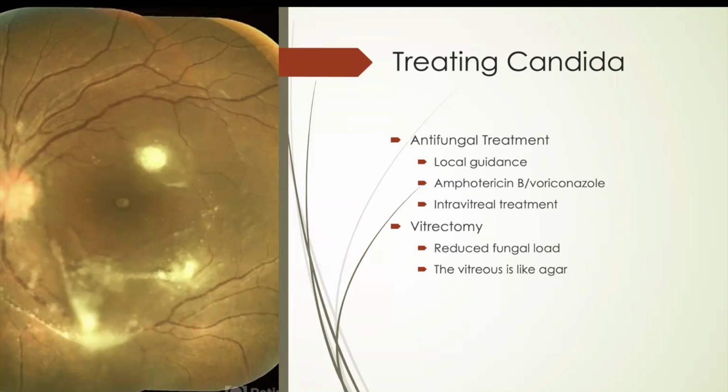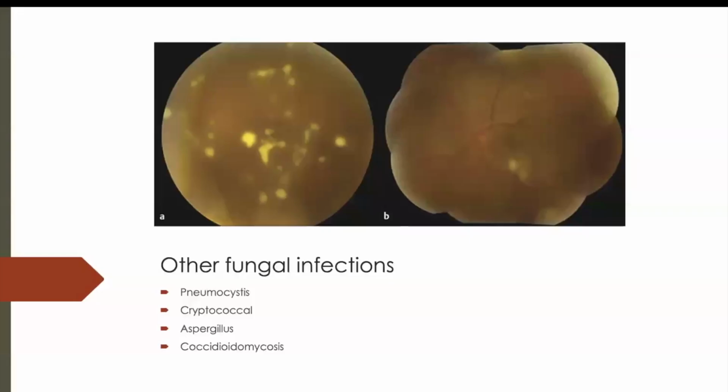That's the same for things like a bacterial endophthalmitis as well, which is why a vitrectomy can sometimes be helpful, because it reduces the fungal load in the eye by getting rid of quite a lot of where your fungus is. It also might make your treatments much more available to the retina and the eye itself by getting rid of that vitreous. So vitrectomy can sometimes be very helpful.